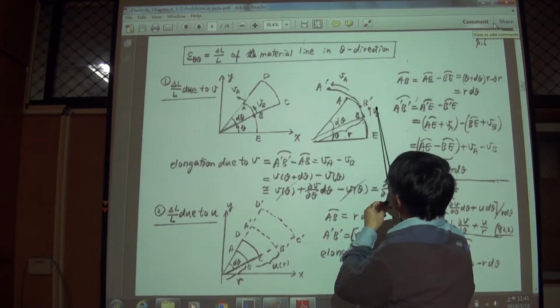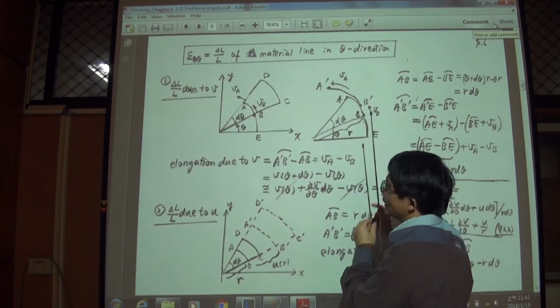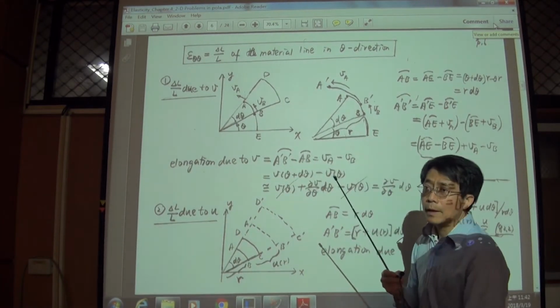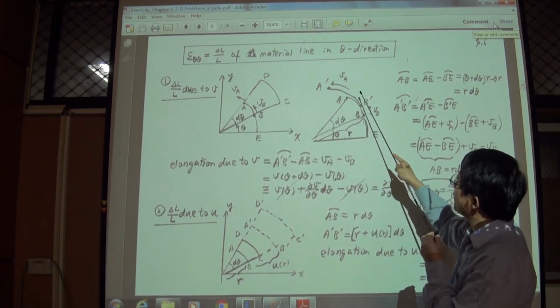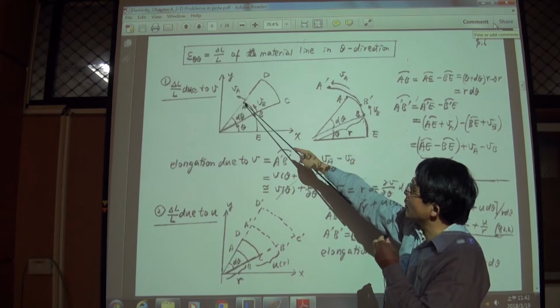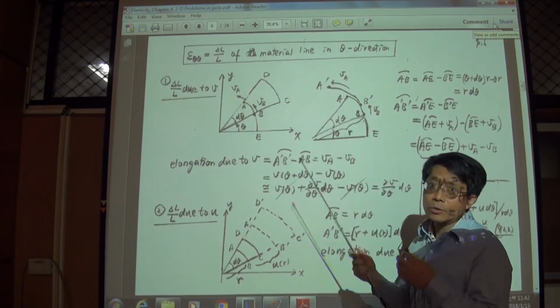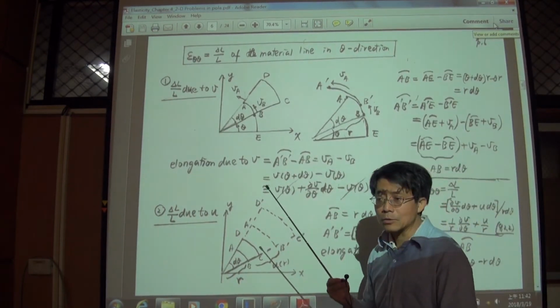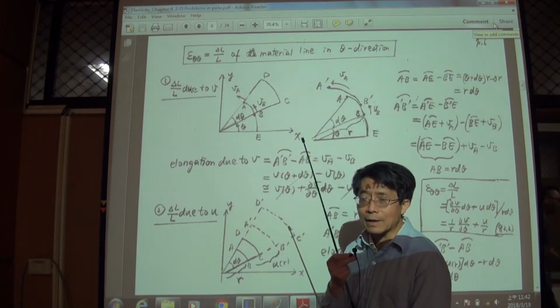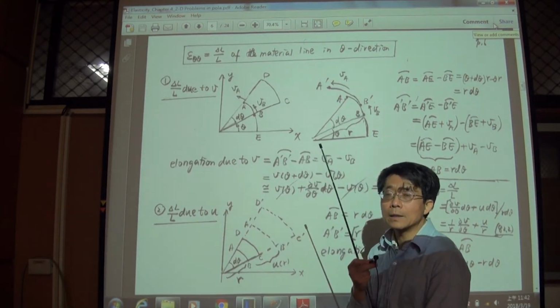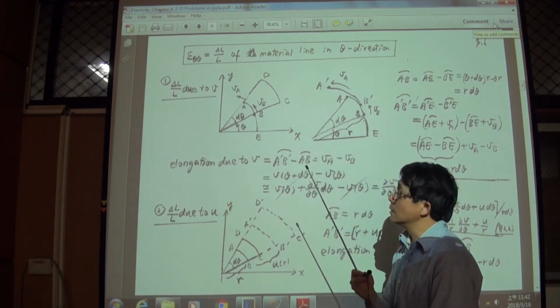Due to the displacement VB, point B goes to B prime. Now, the length of A prime B prime is not equal to the length of AB, right? So this elongation will give us the normal strain in the theta direction.